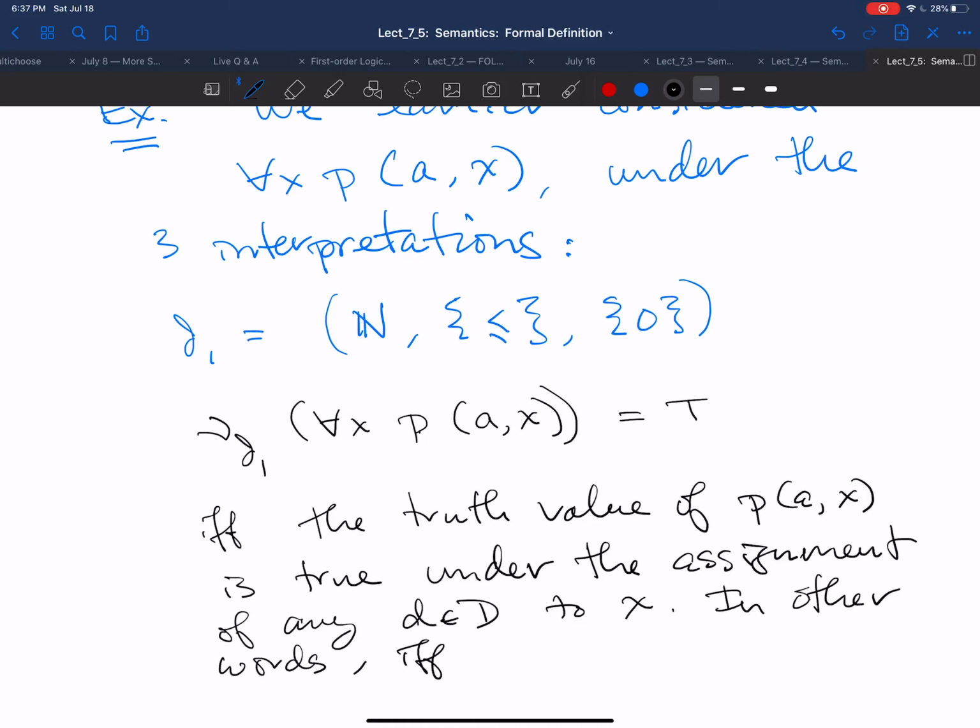In other words, if and only if 0 is less than or equal to D for all D in the natural numbers. And that is, of course, true.